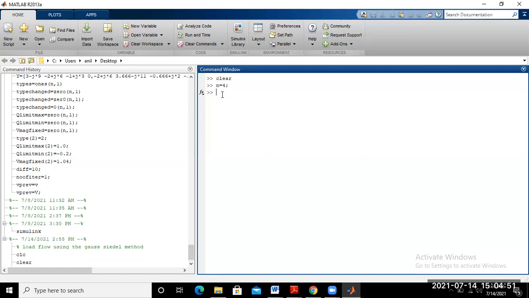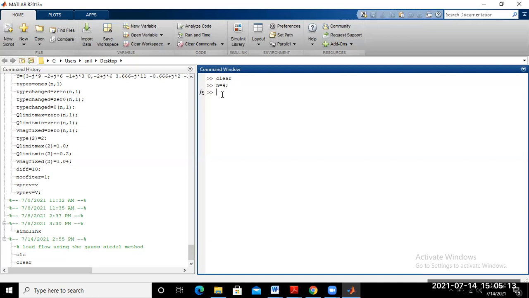In a 4-bus system, if we consider one bus as a slack bus, then how many remaining buses are PQ buses or load buses? That is 3. Yes, sir.